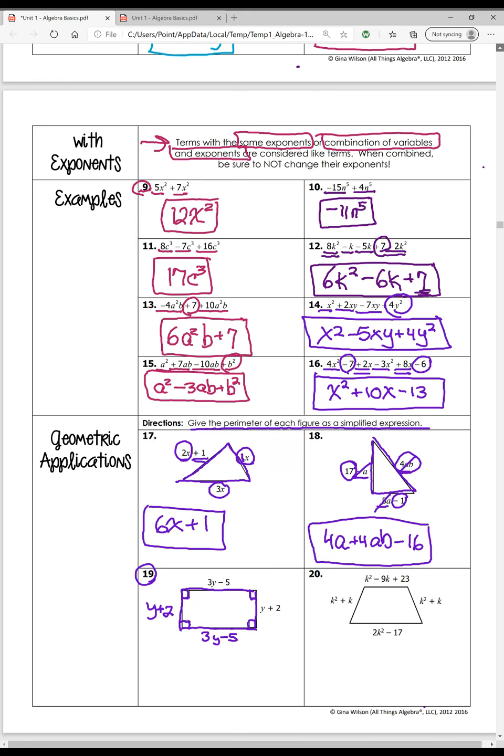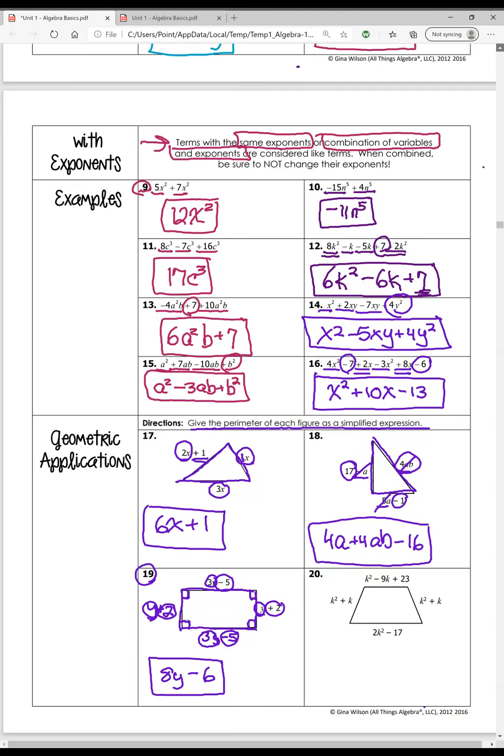So let's start with the y terms. We have 3 plus 3 equals 6, plus 1 more is 7, plus 1 more is 8. We have 8y. Now here we have 2 plus 2, which is 4, minus 5 minus 5. So that's 4 minus 10, which gives us negative 6.